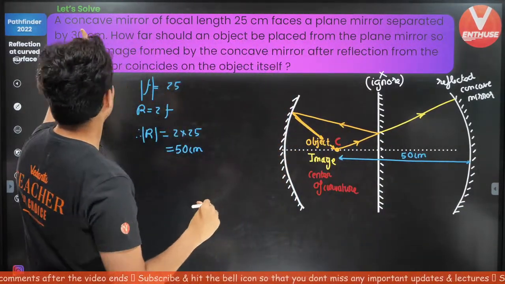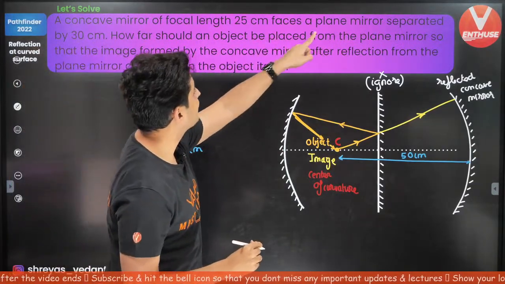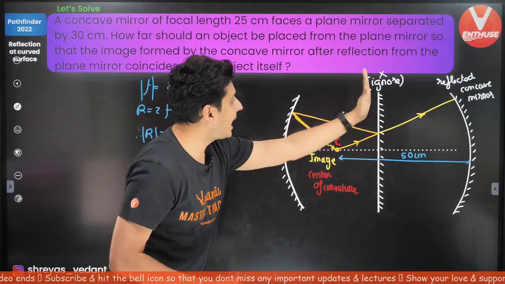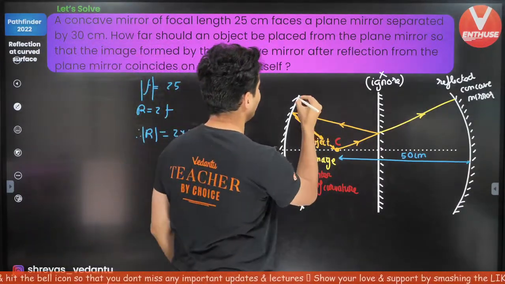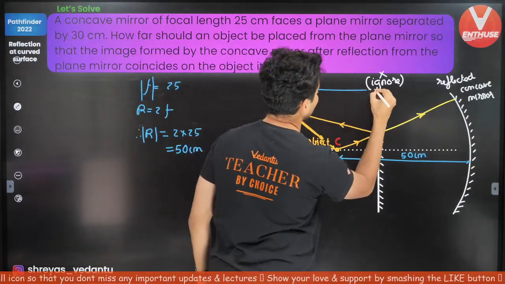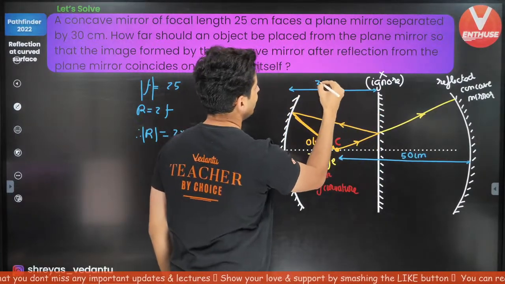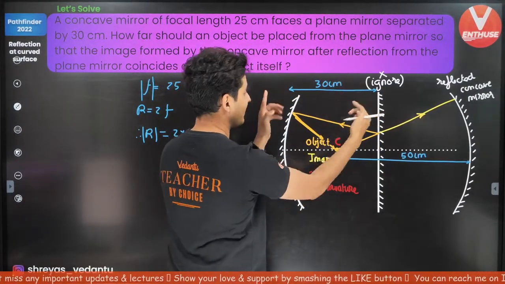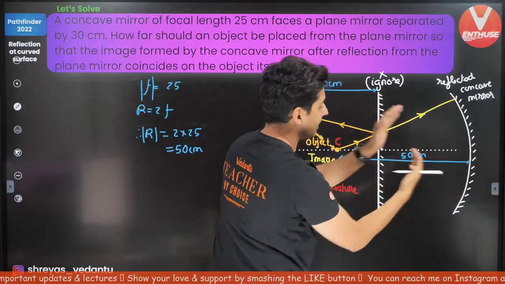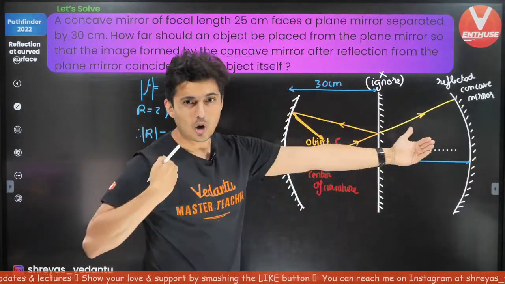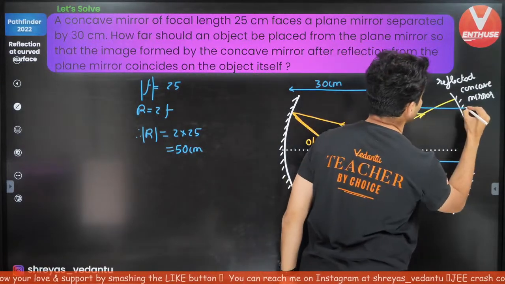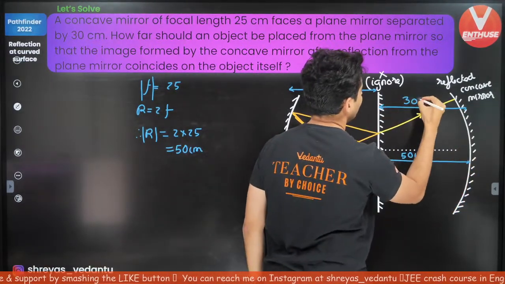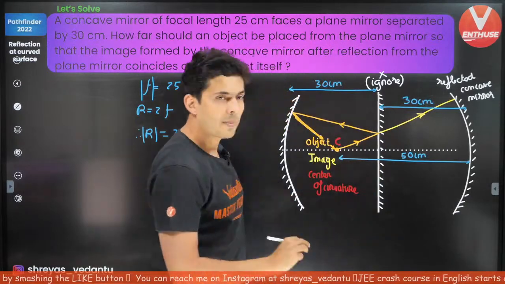Fair enough. 30 centimeters is the separation between the plane and the concave mirror. But since this mirror gets replicated behind, for a plane mirror object distance equals image distance, so clearly this is also 30 centimeters.